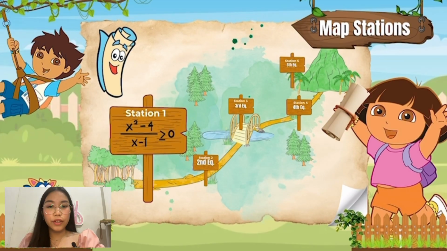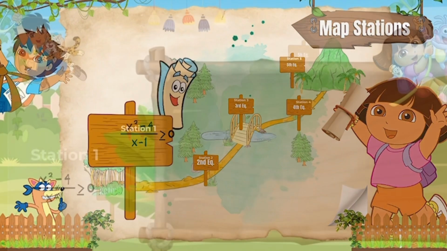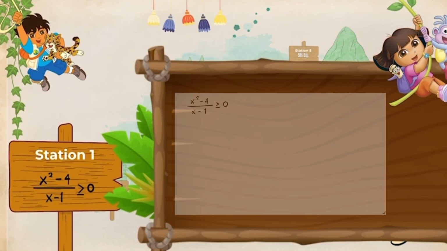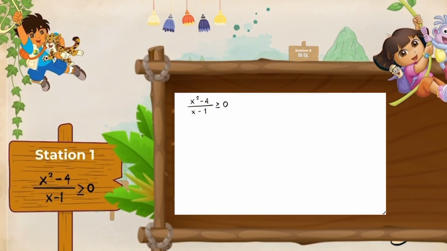The equation in the first station is (x squared minus 4) over (x minus 1) is greater than or equal to 0. Let's solve it. This is our first equation. Since the numerator is factorable, let's first factor it.